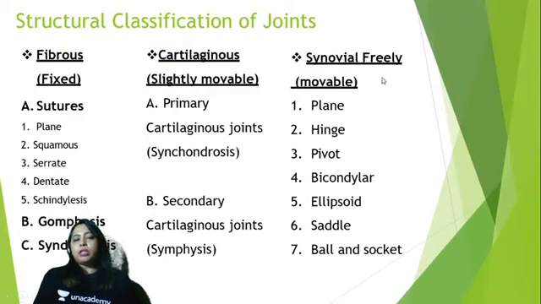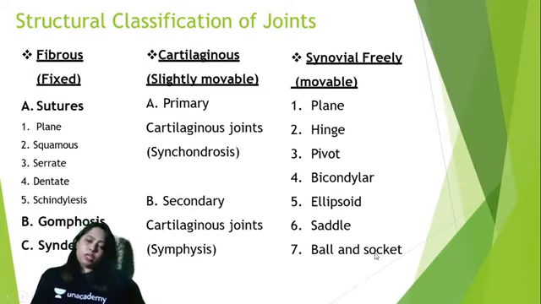The joint cavity allows the movement of the bones freely. There are a variety of joints in this category: plain type, hinge type, pivot type, bicondylar, ellipsoid, saddle, and the ball and socket type of joint. The first one we'll see is the plain type of joint.